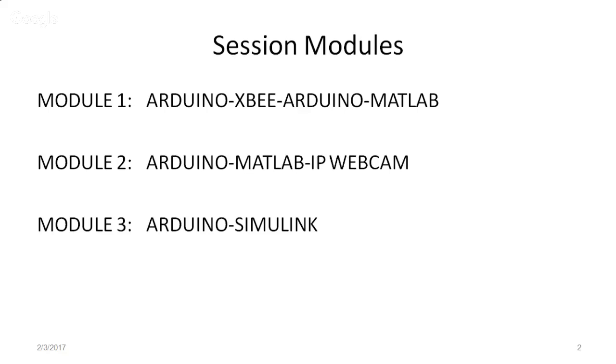Generally, researchers work on two types of platform in MATLAB. Sometimes we work on coding, sometimes we work on Simulink, and sometimes we work on both. In module number three, we will see how we can use our Simulink diagram to connect our Arduino board, so that we can do some real-time processing. Now I will start from module number one.